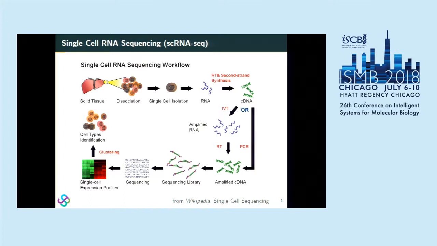Single-cell RNA-seq starts with the isolation of individual cells, followed by the library preparation step. Then we can sequence either the full length or only one end of the mRNA molecules, and the sequenced reads can be mapped back to the reference genome, and we can summarize the read count matrix to represent the single-cell expression profiles.